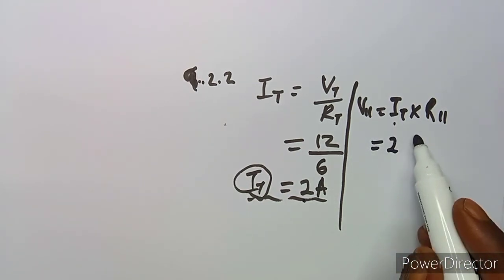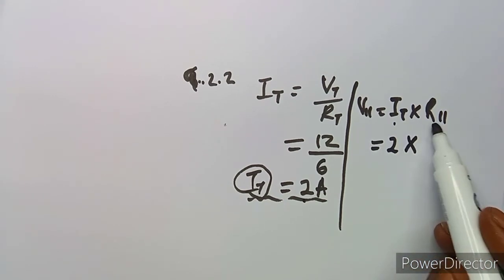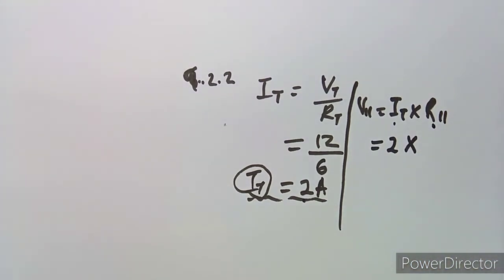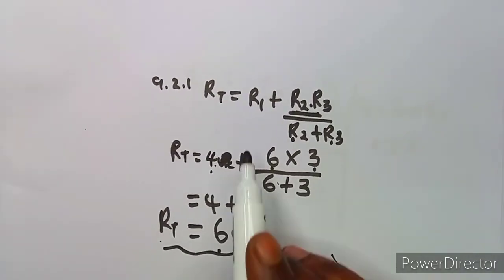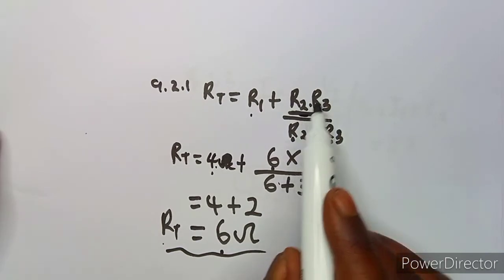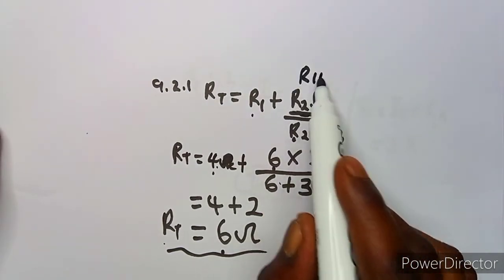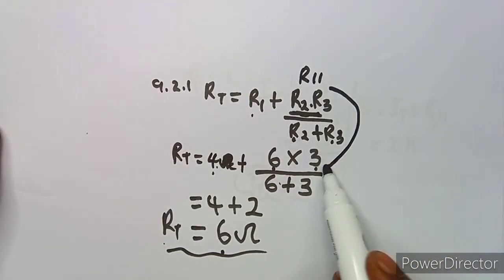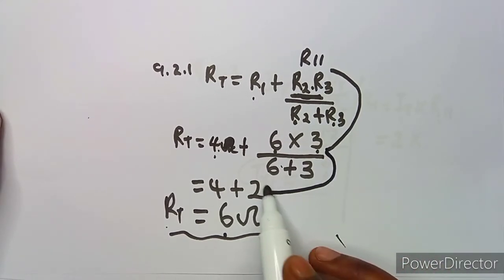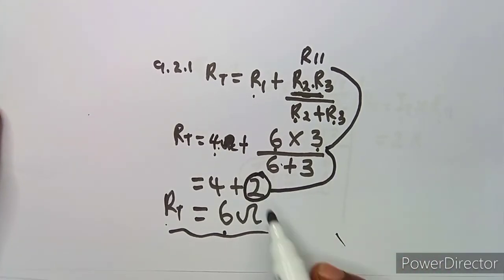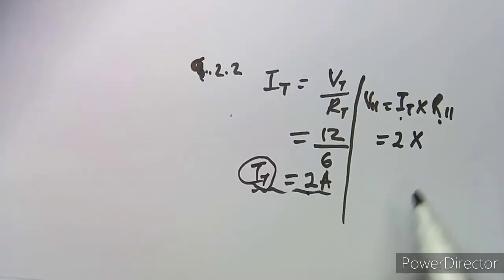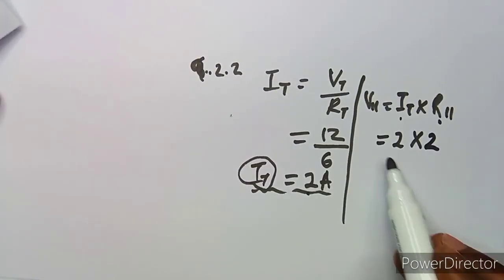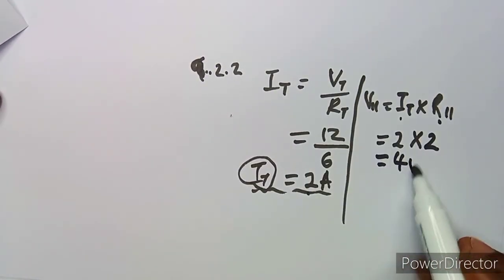So it's going to be 2 times the total resistance of the parallels. This one you can obtain here. Remember, when we added, this was actually for the parallel circuit. This was R parallel, which we obtained here, and from this value we obtained 2. So R parallel is 2, and 2 times 2 is 4 volts.